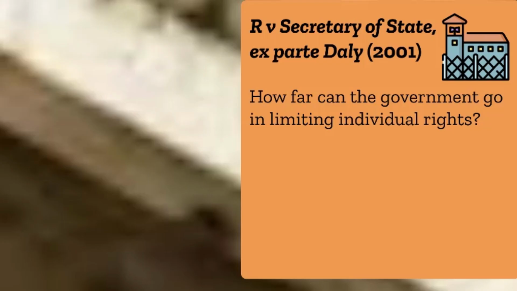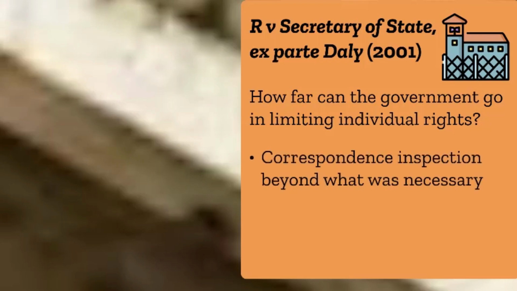So as I said before, Mr. Daly was a prisoner and he challenged a policy that allowed prison officers to basically review his correspondence, to go through his messages. And it was found that the correspondence inspection was beyond what was necessary.